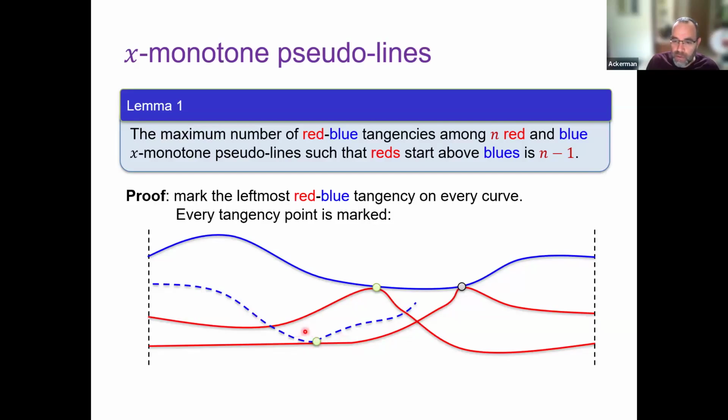But this cannot happen because this blue curve has to start above all the red curves, and on the other end it is at infinity, so it should escape somewhere here. So there should be two intersections. So this is the first lemma.